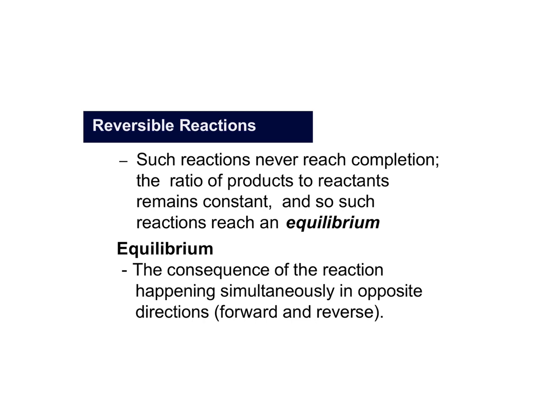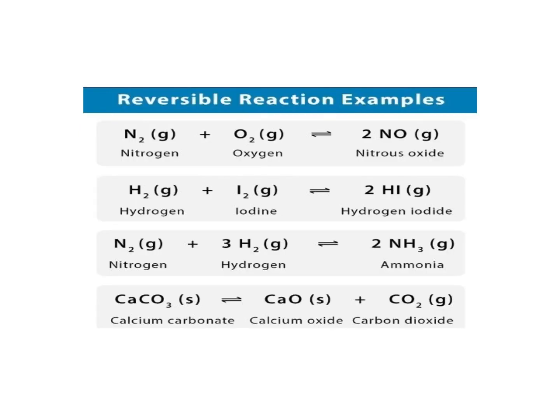Then reversible reactions are such reactions that never reach completion, and the ratio of the products to the reactants remains constant, and so such reactions reach an equilibrium. When you say equilibrium, this is the consequence of the reaction happening simultaneously in opposite directions. It is a forward and reverse reaction.